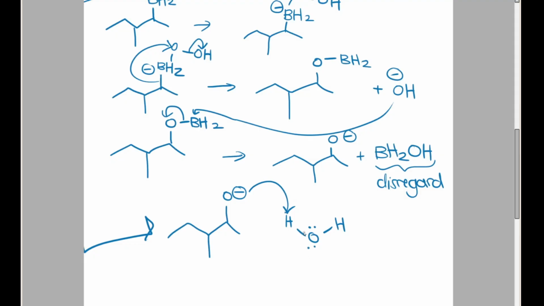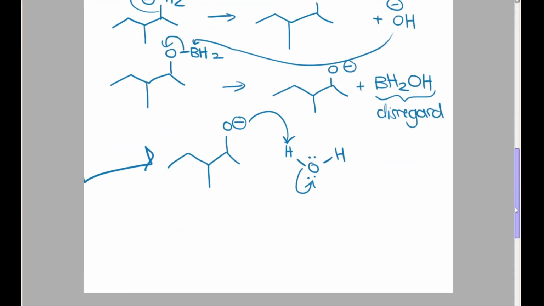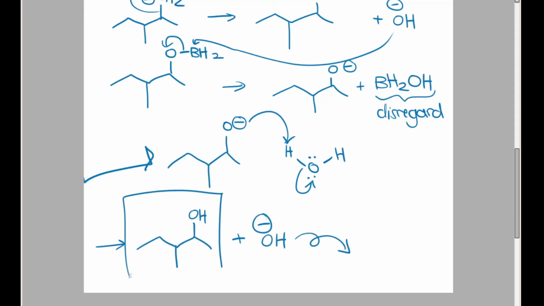Then this bond will be broken, and you'll get a more stable alcohol that looks like this, and you'll also have a hydroxide, which is negative, and that's just a byproduct. We don't really care about it, but this is the final product that you will get.